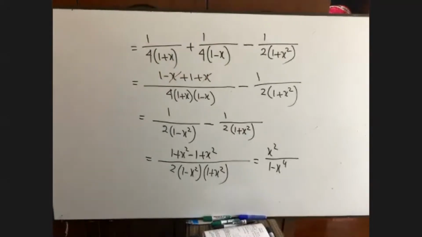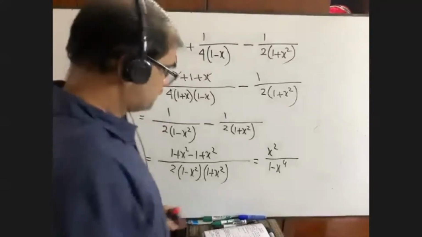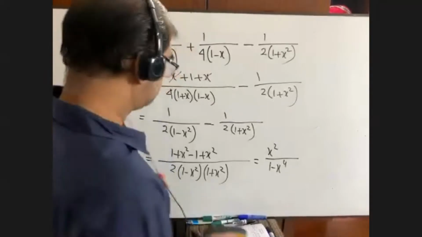Now let me know who did it correctly. Sir, I... Your answer was this. Sir, mine went wrong. Okay, not a matter. So we are going to do another math.